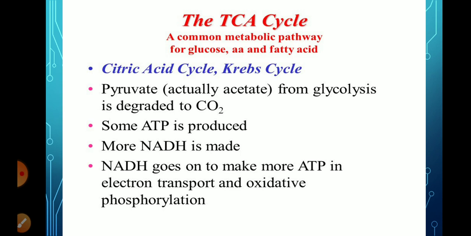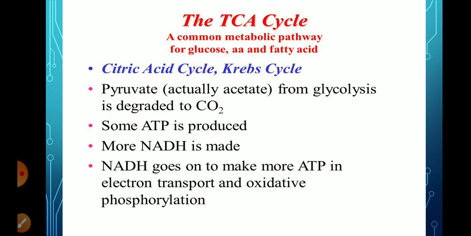Now we will see the citric acid cycle or Krebs cycle. In the first step, pyruvate from glycolysis is degraded to carbon dioxide. In the oxidation of pyruvate, carbon dioxide is removed, and in the Krebs cycle, carbon dioxide molecules are also removed, and some ATP is produced, almost one ATP molecule.